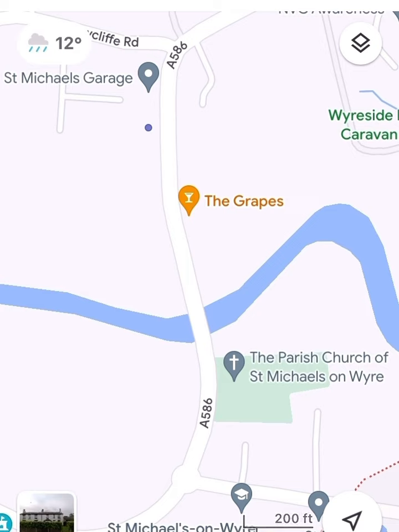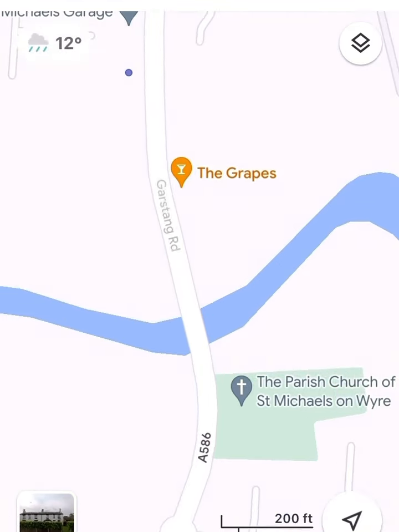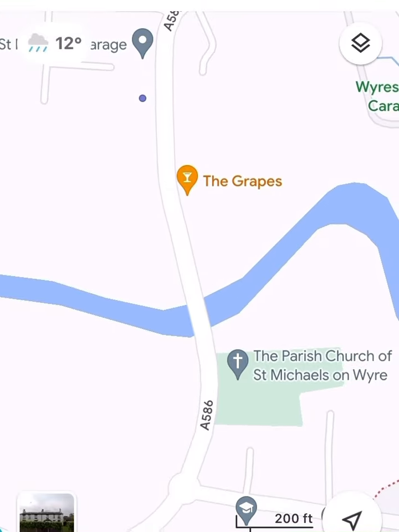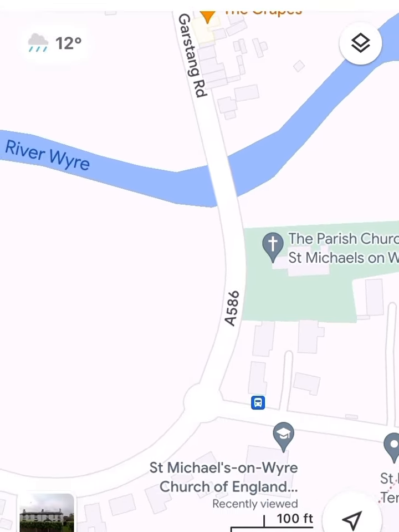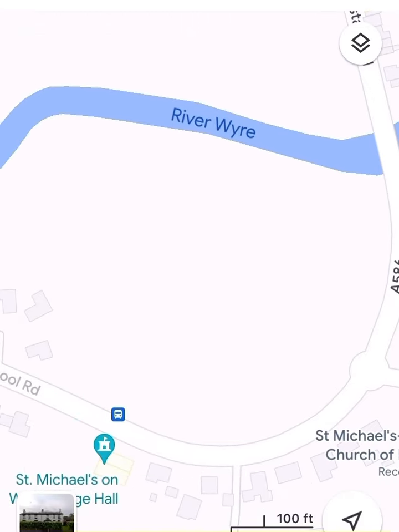Blackpool Lane, not Blackpool Road. Roads and lanes are getting confused here, but I am not requesting dashcam footage for a missing woman at the moment. So if I accidentally was to say Blackpool Road, I will correct myself. Or if I was accidentally to say Garstang Lane, I'll endeavour to correct myself, but the stakes aren't quite as high in this situation.